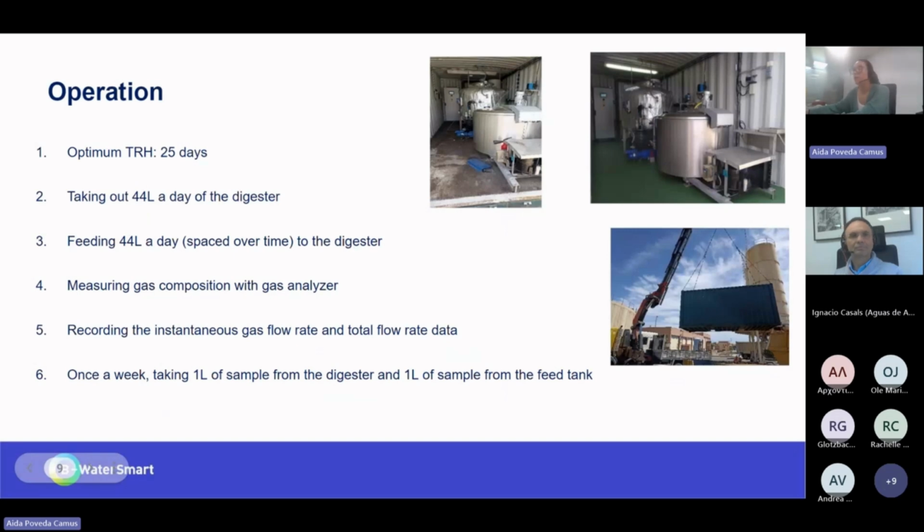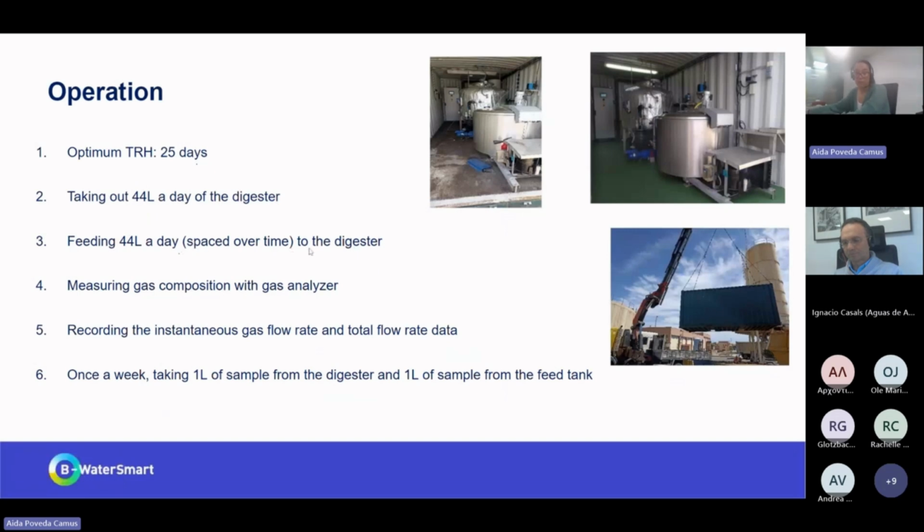And then speaking about the plant operation, we follow the next steps. First, we work with a hydraulic retention time of 25 days. And that implies taking out 44 liters a day from the digester. And then we feed 44 liters a day spaced over time.